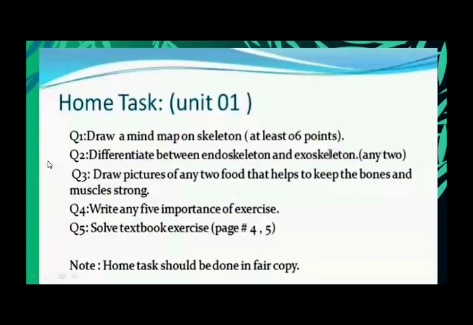Okay, beta? Question number 2, differentiate between endoskeleton and exoskeleton, any two. Any two means, beta, you can write the definition of endoskeleton. That means those animals who have a skeleton inside their body are endoskeleton, and in the second difference, you can write the example of endoskeleton, like humans.